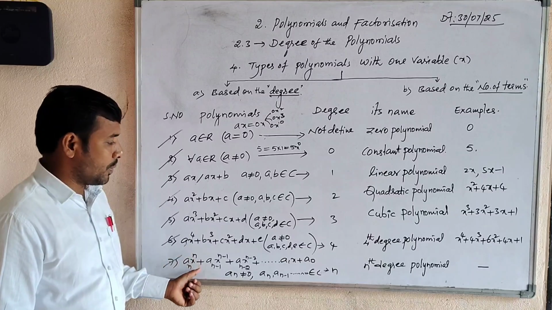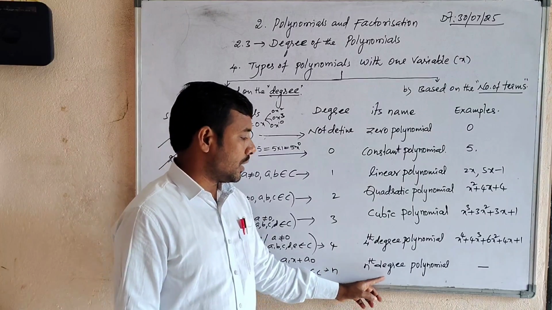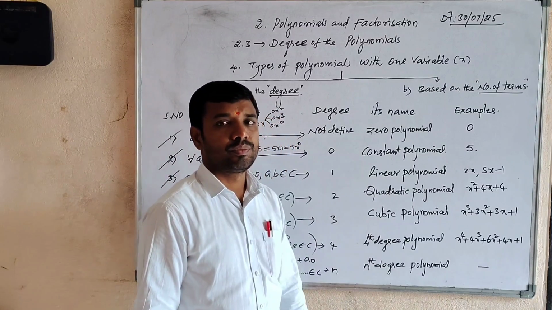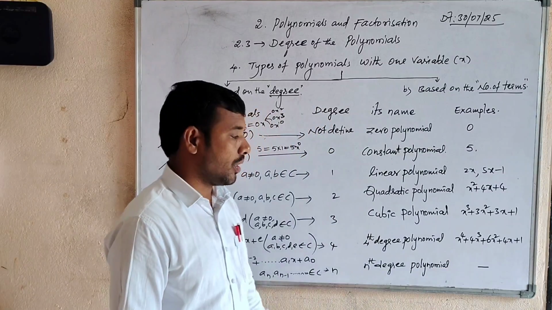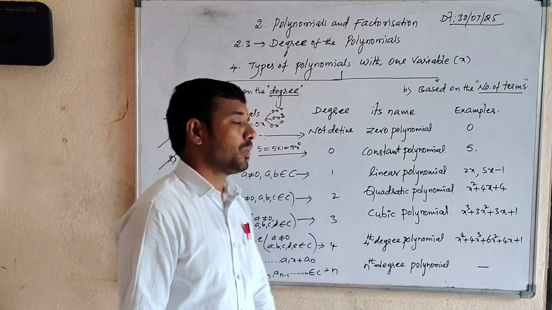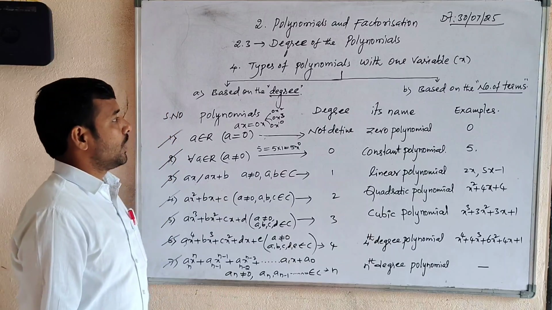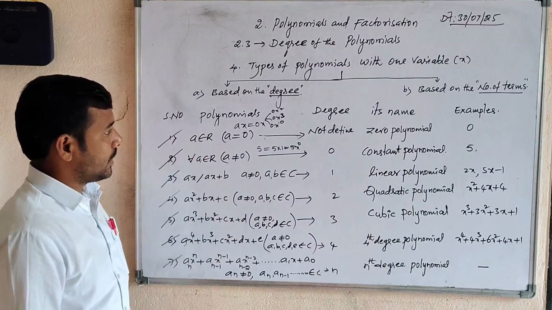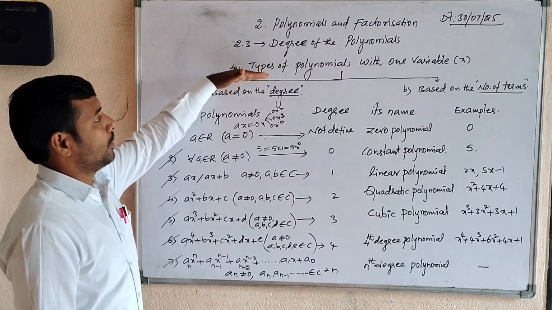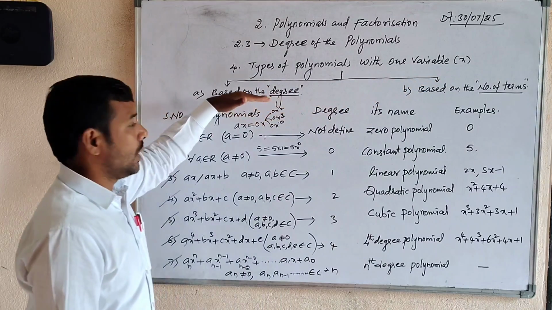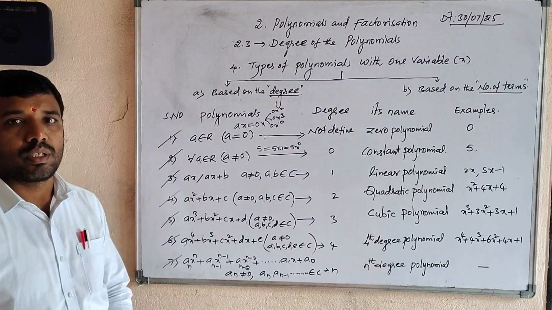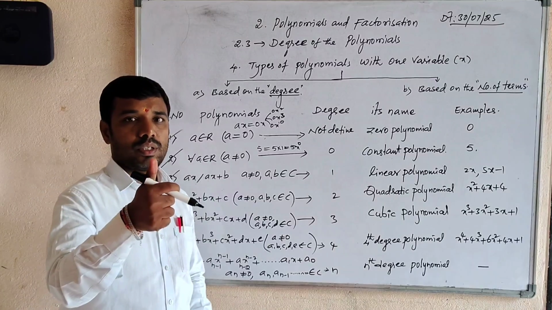Such a type of polynomial is named an nth degree polynomial. There is an empty place because we cannot give a proper example for that. Okay, now students, these are details about the types of polynomials with one variable based on the degree, right? No doubts, I think so, right?